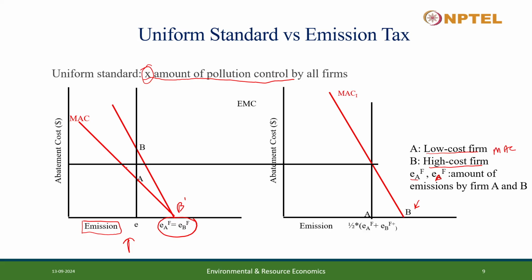Let's say that now we have to reduce the emission amount, that is E. So here also we have to emit E. Now, in the uniform standard system, both the firms have to abate equally, that is 1 by 2 times emission by firm A plus emission by firm B. So both the firms have to abate equally in the uniform standard system.